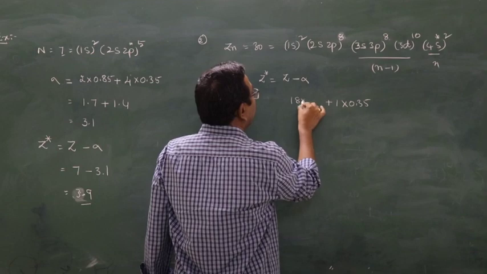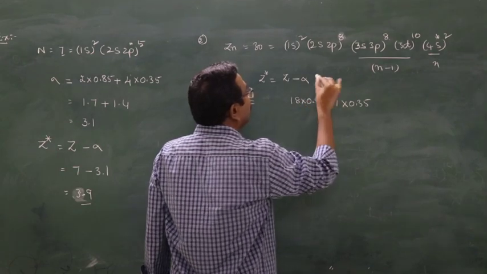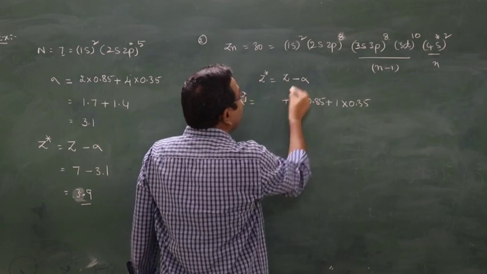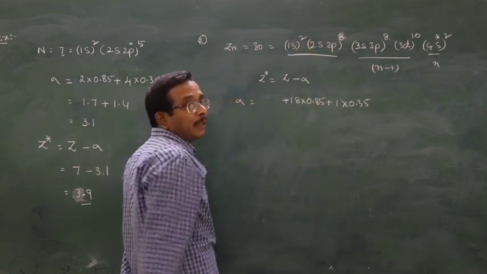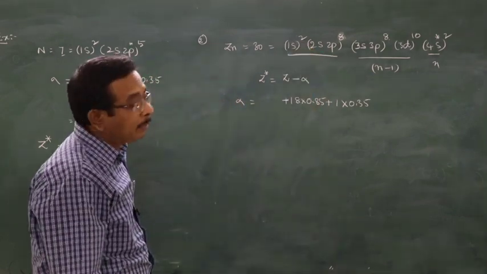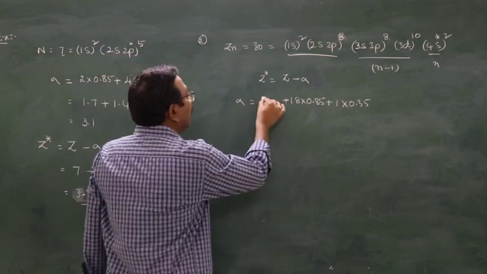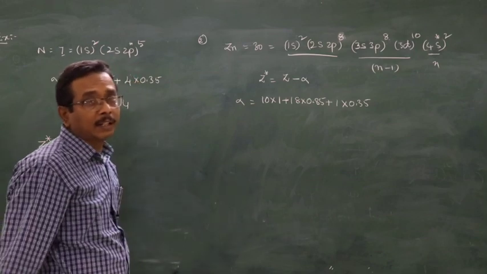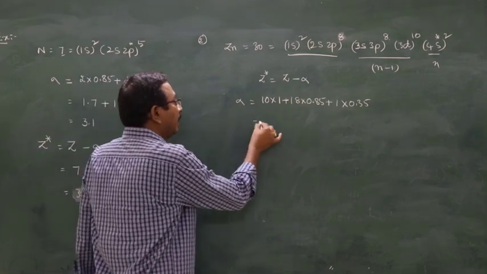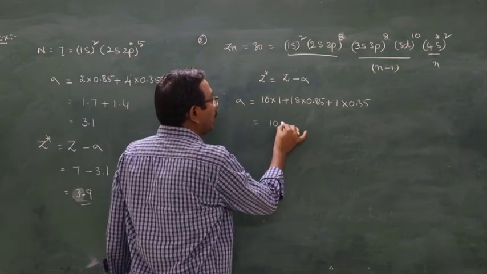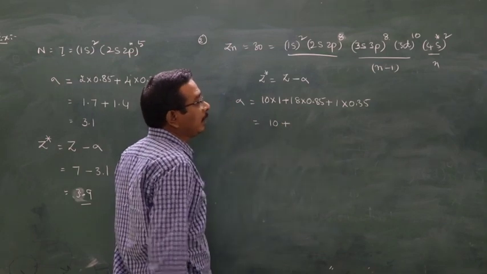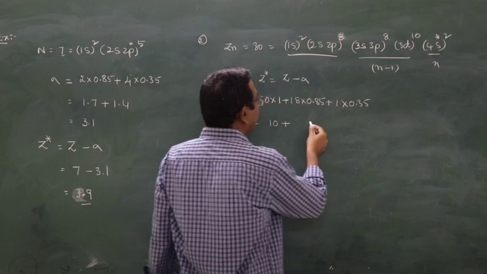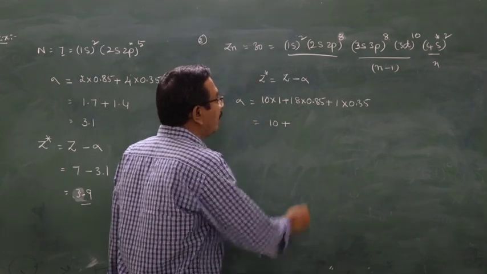Here 18 into 0.85. And all the remaining electrons, that may be n minus 2, n minus 3, whatever it may be, contribute 1 each to the Slater constant. That is 10 into 1 is equal to 10, plus 18 into 0.85.